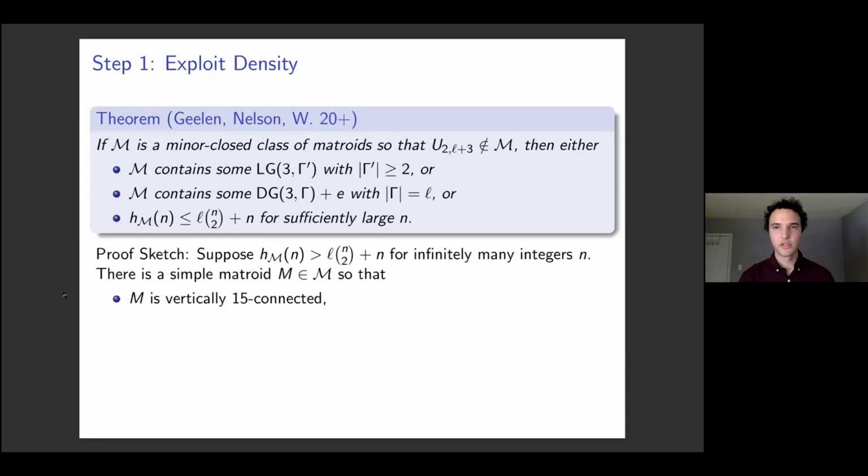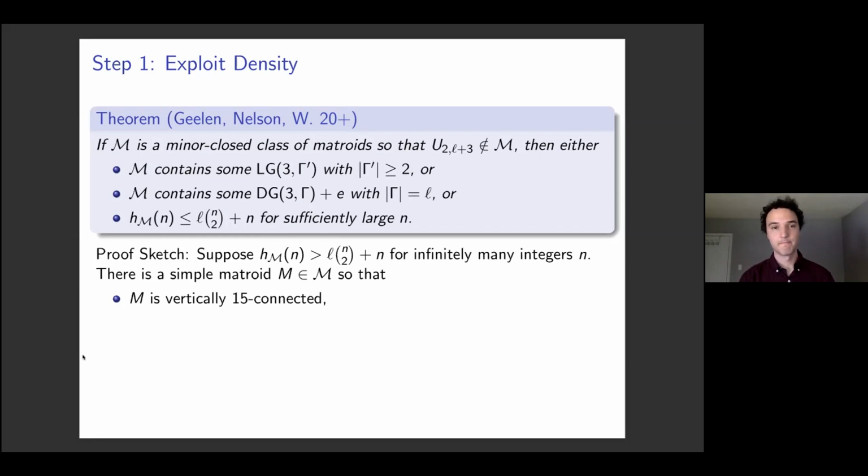That's essentially true because quadratic functions with positive leading coefficient are convex up. So if you have some matroid with greater than this many elements, and it has some small separation, since x squared plus y squared is less than (x plus y) squared whenever x and y are large enough integers, you just can't have a matroid with this many elements with a small separation.